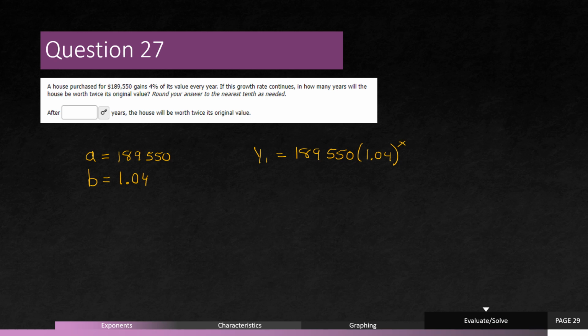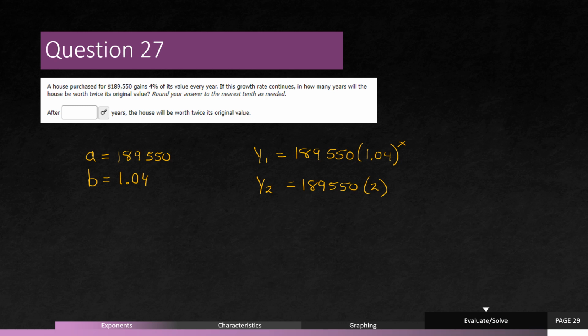And then we want to know when it's going to be double its value. And since the calculator is really smart, I can just go ahead and multiply that by 2. And it'll do that for me because why not?